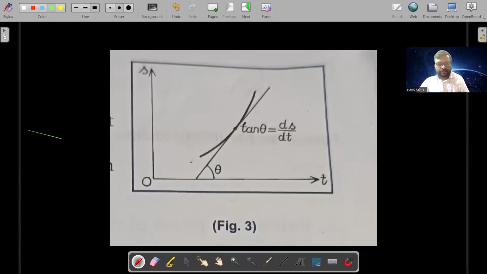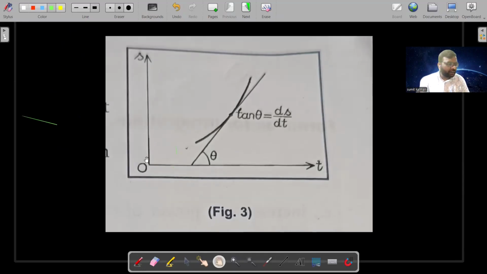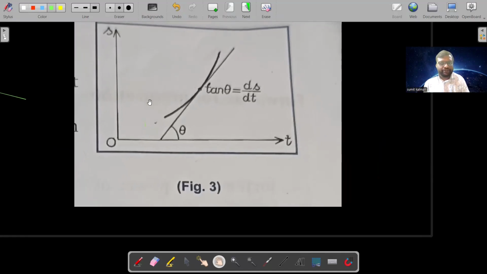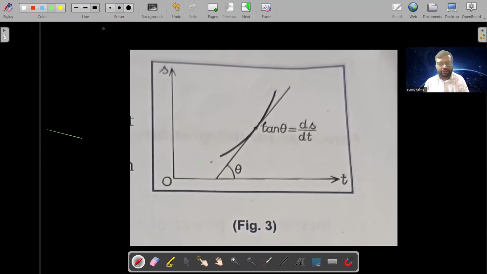This is the graph between s and t, and velocity at a point is given by the slope of the tangent drawn at that point. And here, if we talk about this point, then v is equal to tan theta, which is equal to ds upon dt.